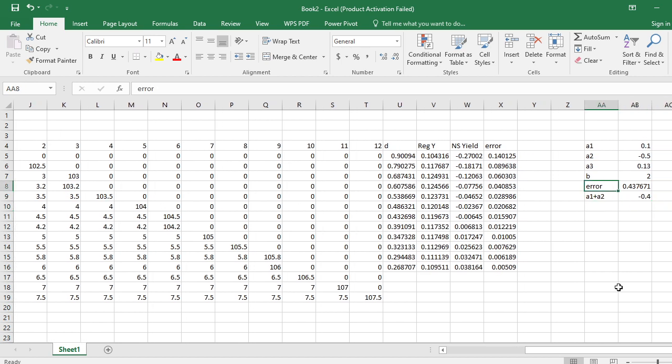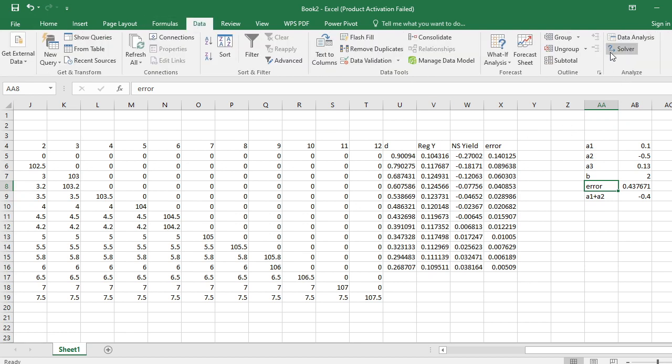Right, so this error is quite big. If I look at 0.43, this should be minimum. I'll make use of Solver to reduce this.